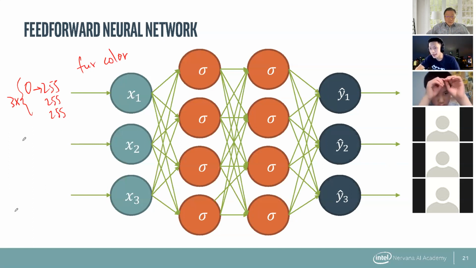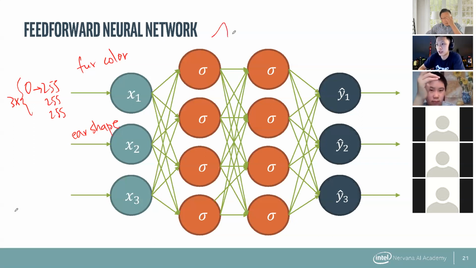And then perhaps we have another neuron that says the ear shape. This also seems like a pretty reasonable feature to be using because a cat's ears might look like this, and a dog's ear might look very flappy, a lot larger. I'm very bad at drawing, but this is the general idea. So perhaps we could one hot these, on the range from 0 to 1.